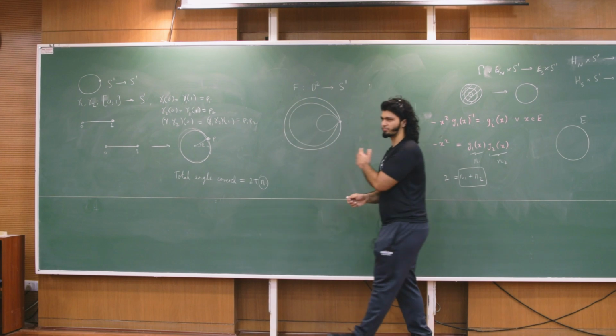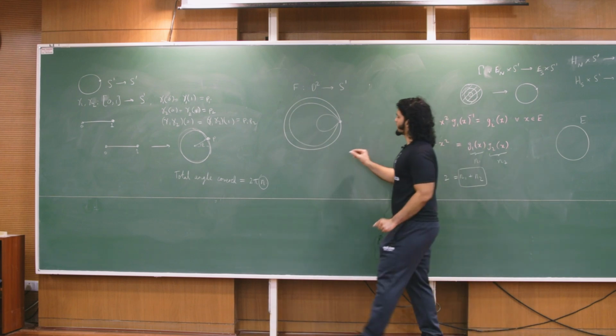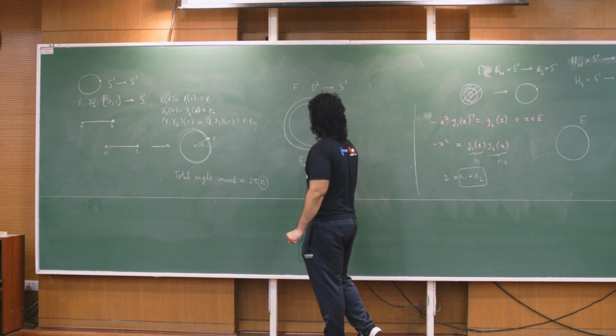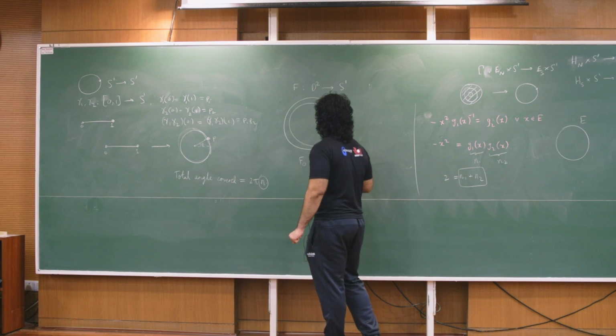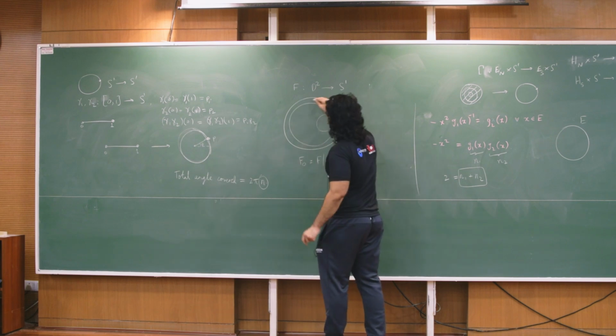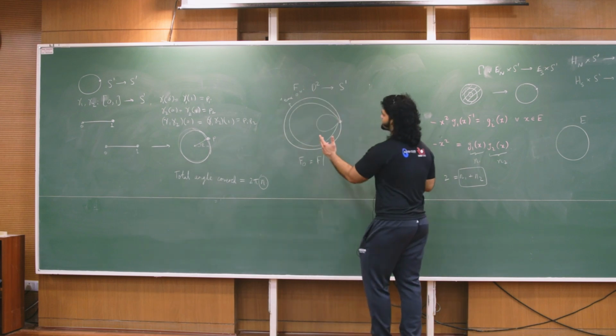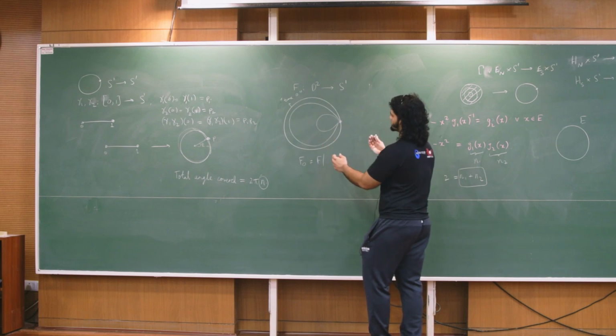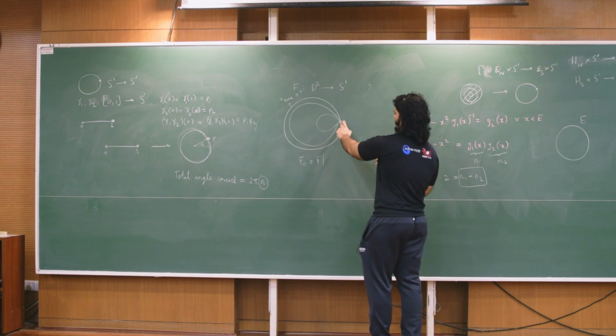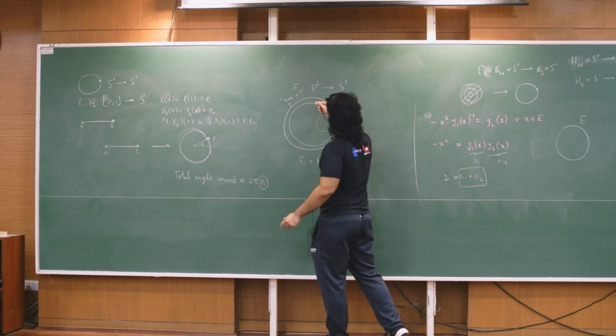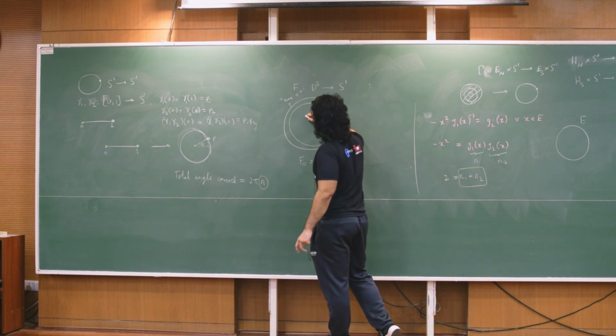I keep shrinking them down. So let me say F0 for the restriction of F. So let's say this is the circle at time 0, and you start shrinking it at time 0, and at time 1 you end up over here. So at a general time t, this is what your circle will look like.